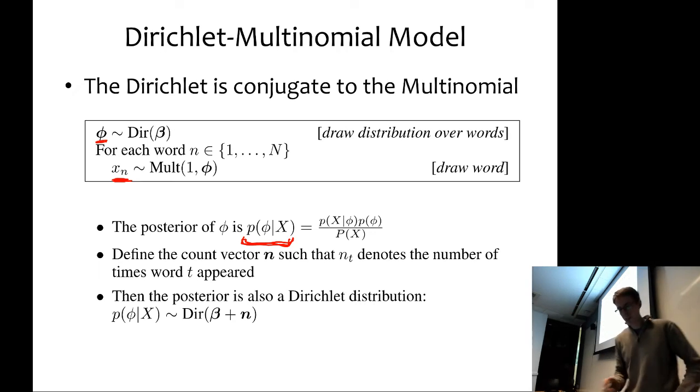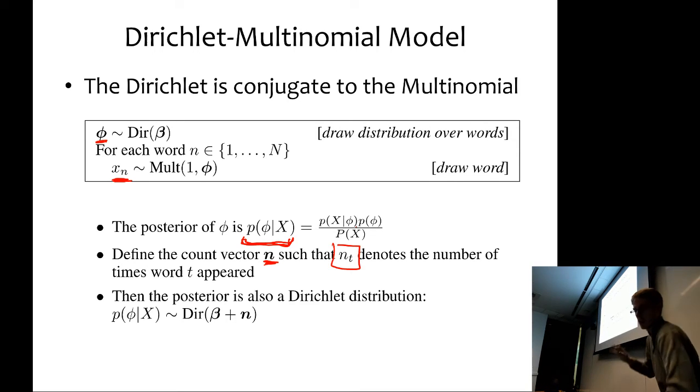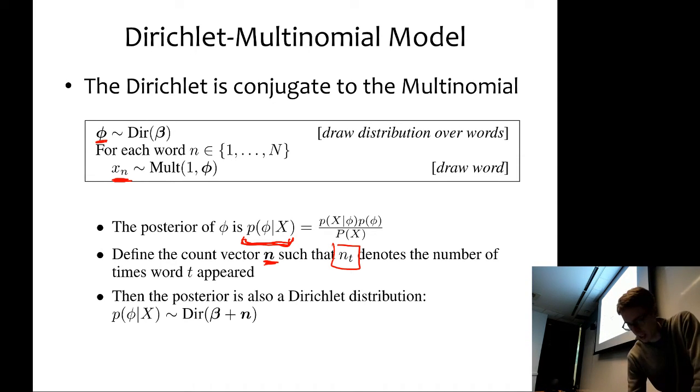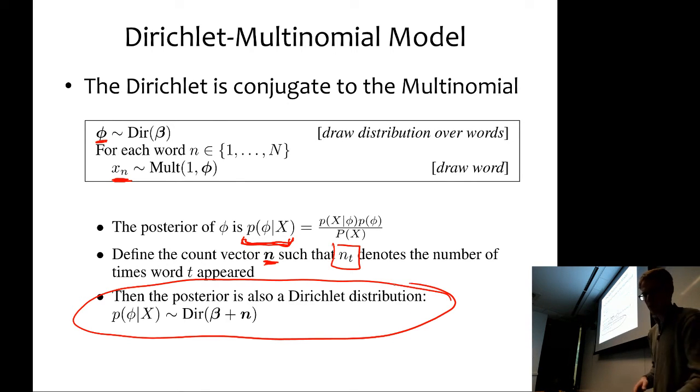So now let's define a count vector n such that the entry n_t denotes the number of times word t appeared in your sample. Okay, so here's the punchline. The posterior p of phi given x is also a Dirichlet distribution.